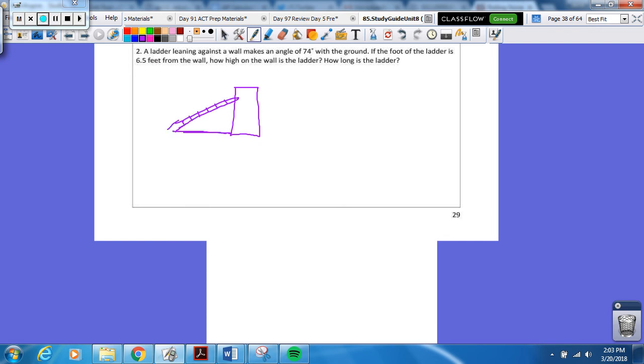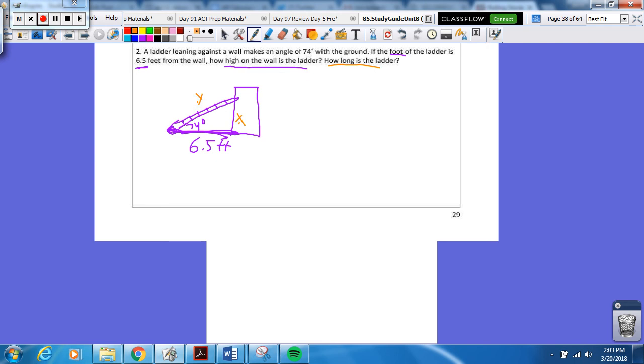If the foot of the ladder is 6.5 feet from the wall, the foot of the ladder is at the bottom, and here's the wall, so that's 6.5 feet. How high on the wall is the ladder? That's x. And another question: how long is the ladder? I'll call that y, because they're two different distances. One is x and one is y.